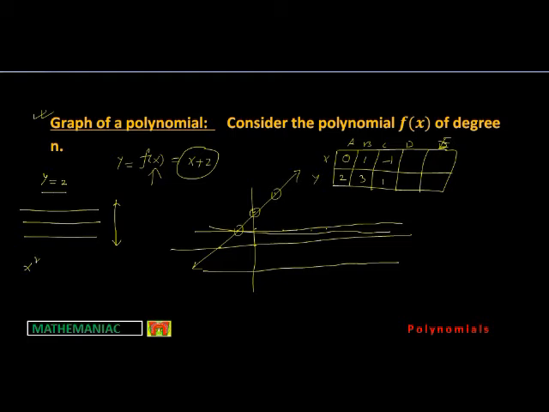Next is the quadratic polynomial. If you have a quadratic polynomial and you draw the graph, it will always look like this or like this. These are known as parabolas. You'll get to know it in class 11. And then cubic will always be like this or like this curve.